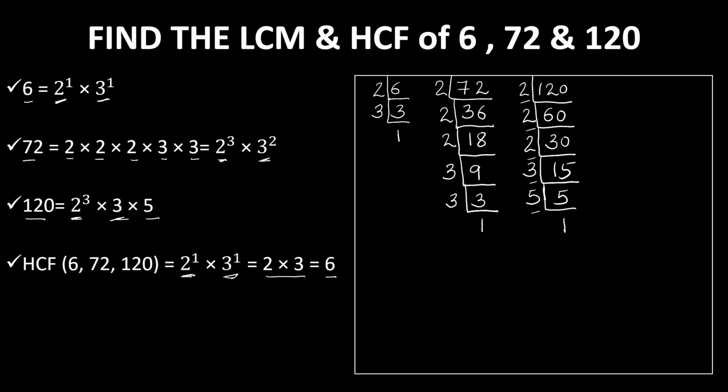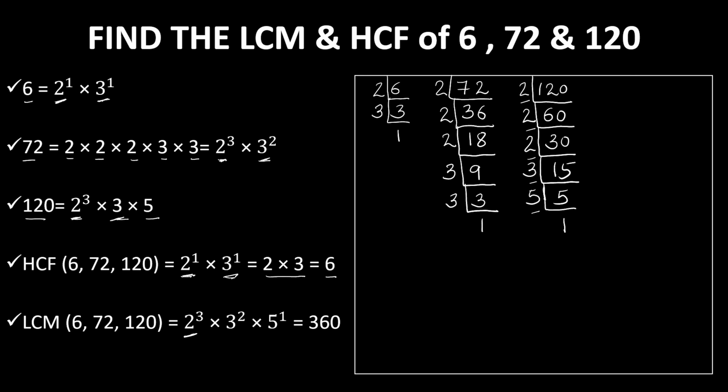Now we will find the lowest common multiple. While writing down the lowest common multiple of these three numbers, we make sure that we write down the highest exponent possible for each prime. Here we could observe that the highest exponent of 2 in 6, 72 and 120 is 3. So we are writing down 2 raised to 3. For 3, the highest exponent in all these three numbers is 2.